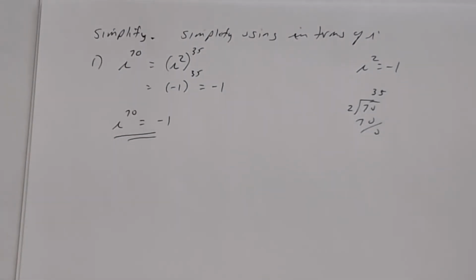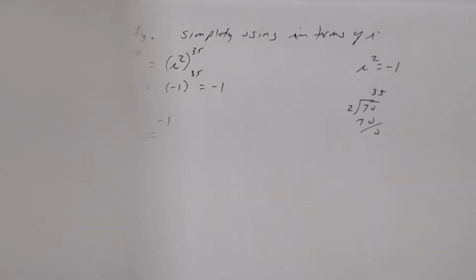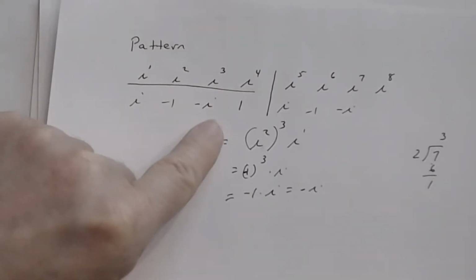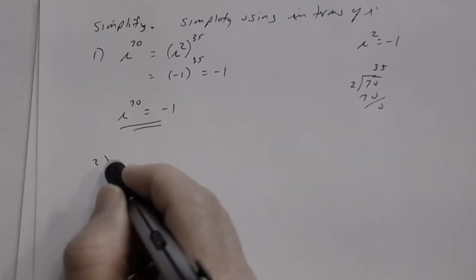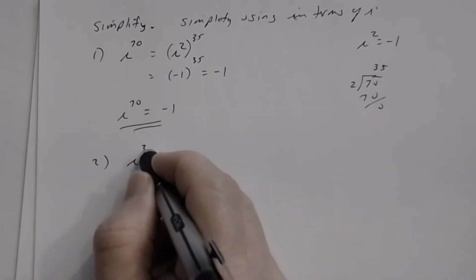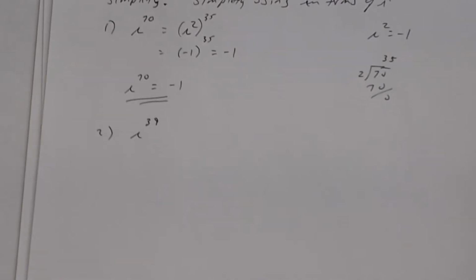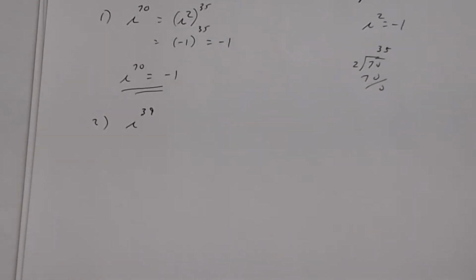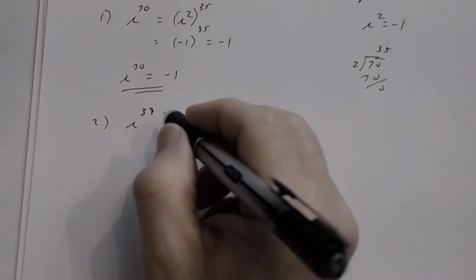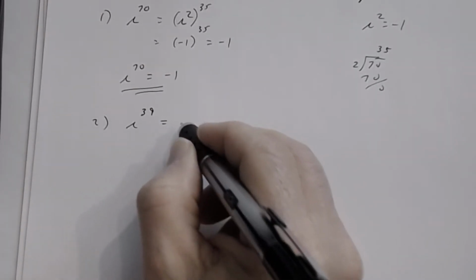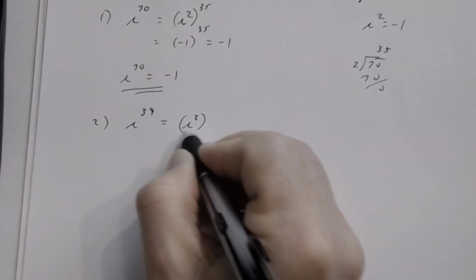Remember, it's going to be one of those four possible situations. Number 2, suppose I had i to the 39th power. Same thing. If you need to use your calculator, use your calculator. You're going to rewrite this as i squared raised to a power.